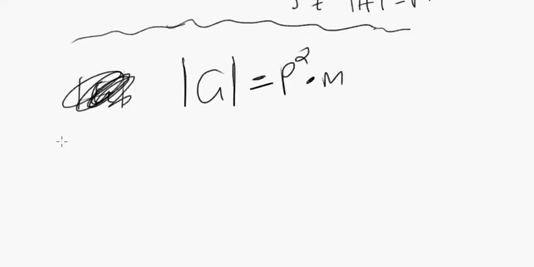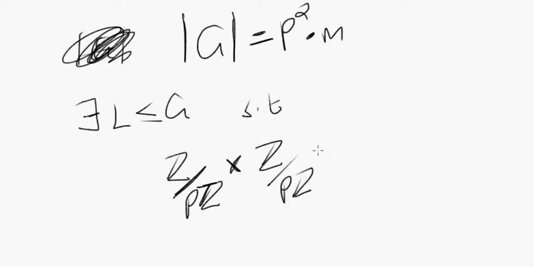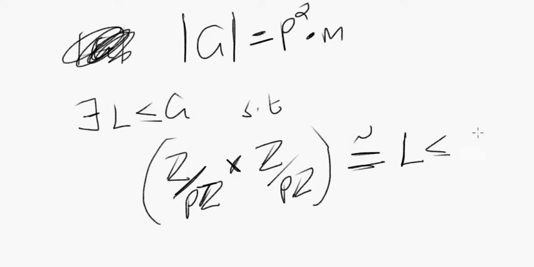Now we're exploring this idea: suppose there exists some subgroup L of G such that Z mod pZ cross Z mod pZ is isomorphic to L, which is a subgroup of G, as we said before.